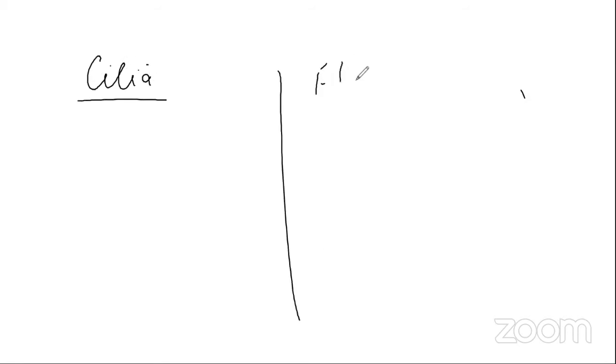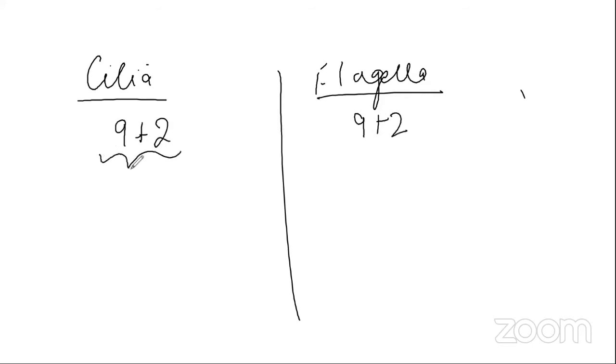So let us now quickly differentiate between cilia and flagella on the basis of structure, not internal. Internally they are the same. Internally, both of them have 9 plus 2, but this is variable. It changes based on the kind of cilia.